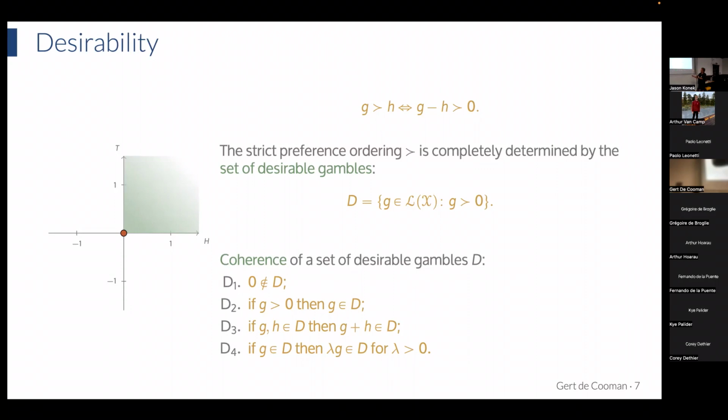So the first orthant minus the origin. And then closed under addition and positive multiplication means that it is a convex cone. It's closed under positive combinations. So this set of desirable gambles is a convex cone that always includes this green region and never red.